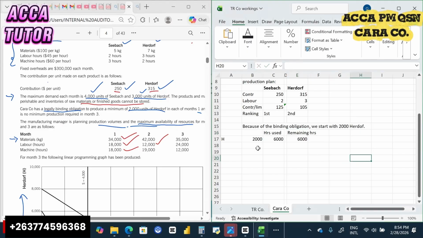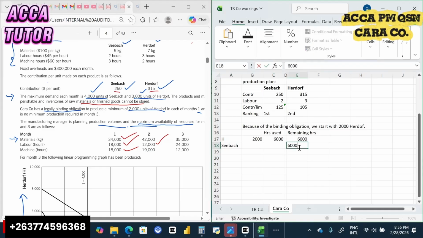Now, we then have to go for the C batch. Why? Because after we finish the contract, we just have to run to that product that gives us the highest contribution possible. That's the C batch, isn't it? We have satisfied our obligation, but we need to make profit. We need to make the highest contribution possible. So we run to that first product in our ranking order. So we come here to say C batch. Now we are left with 6,000 hours.